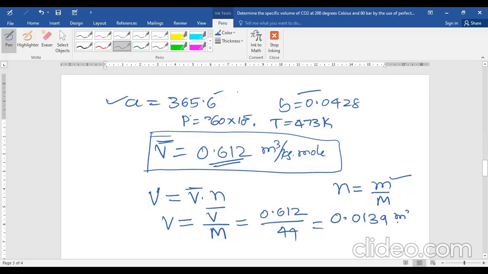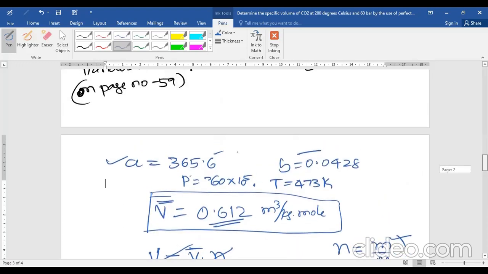This is meter cube per kg. Okay, so I will use this equation because he has not given the mass. We cannot assume it is 1 kg. If you assume 1 kg, again 1 by m, that also you can do. So this is a simple formula, simple equations.